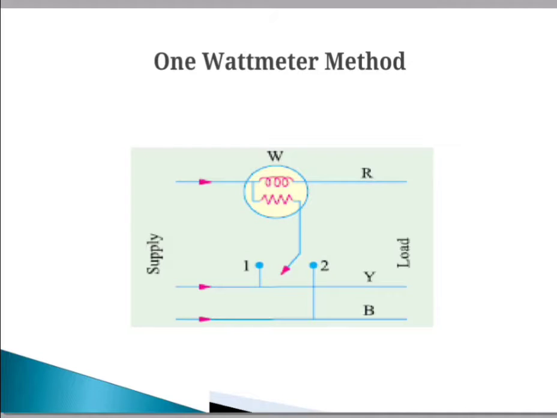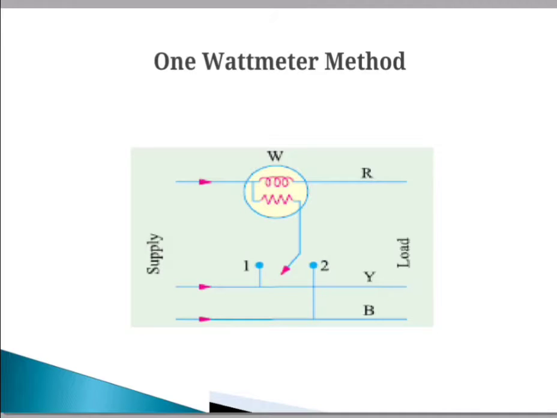Then the condition for balance is that the current flowing I1 is equal to I2 is equal to I3 is equal to I, and the voltage V1 is equal to V2 is equal to V3 is equal to V. Then two switches are given, marked as 1 and 2.